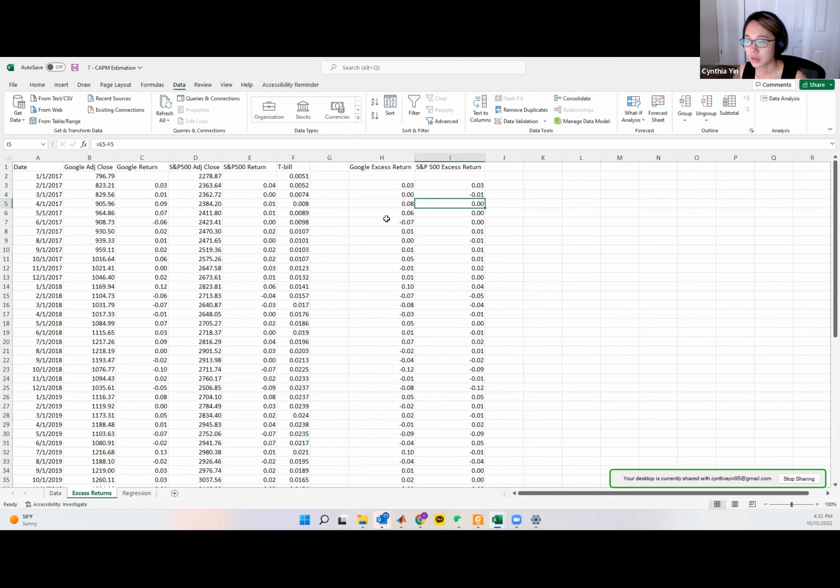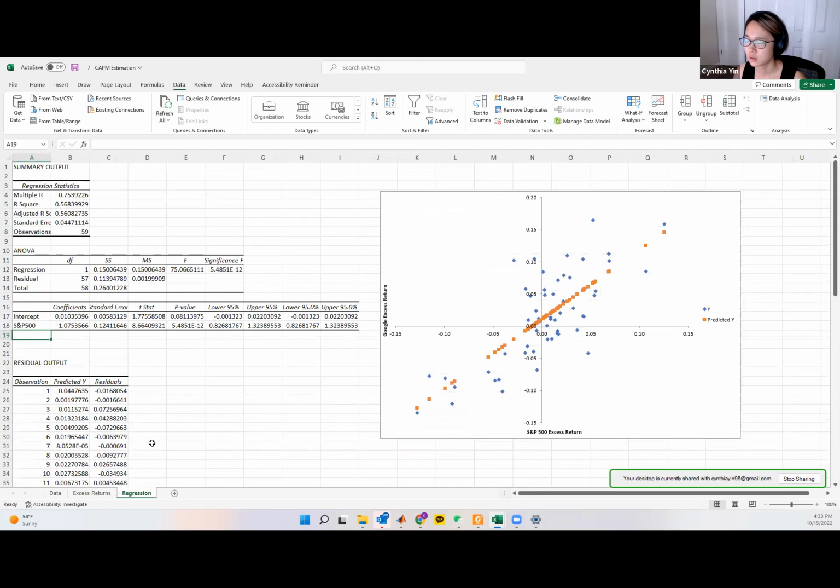Then to estimate CAPM, you only use column H and column I. Let me show you the results first. This is the statistical output, so you can see it looks very similar to the slides that we covered. And you can observe here the scatter plot.